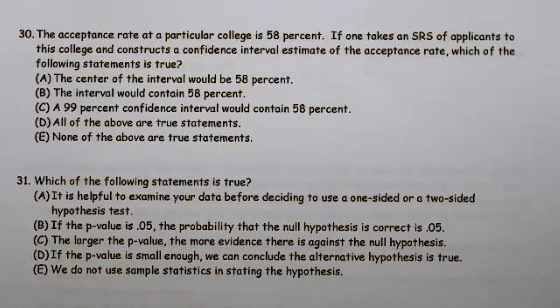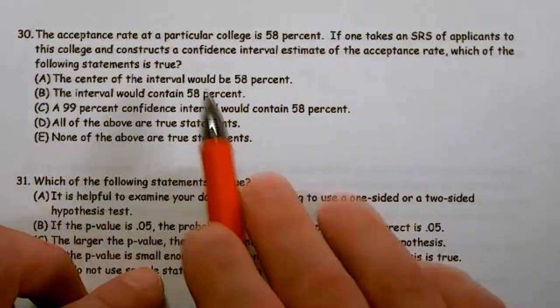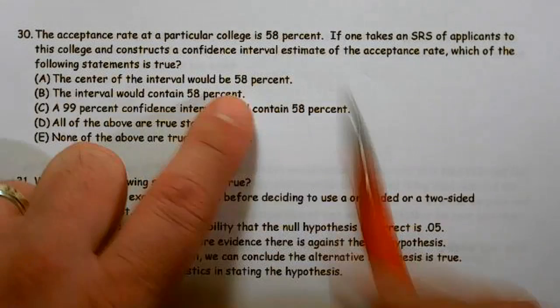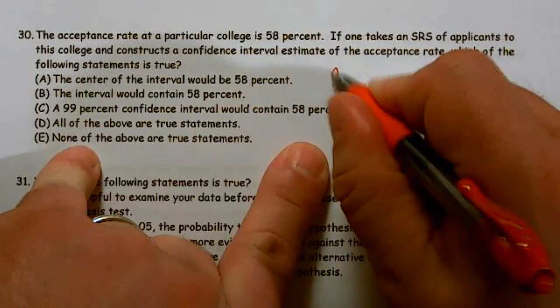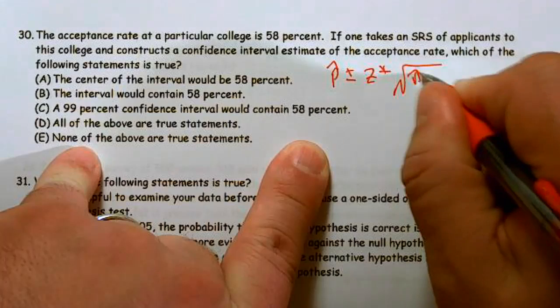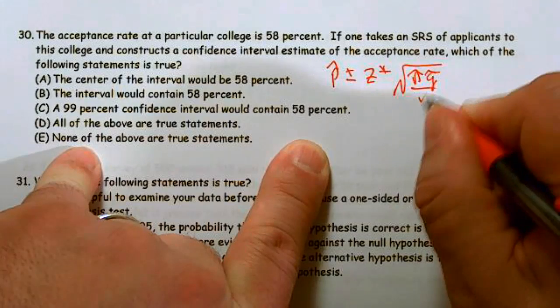The acceptance rate at a particular college is 58%. If one takes a simple random sample of applicants to this college and constructs a confidence interval of the acceptance rates, which of the following is true? The center of the interval is 58%. That would be nice. But our formula is this: p hat plus or minus z star times the square root of p hat q hat over n.